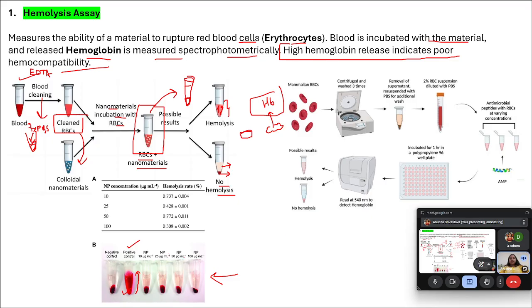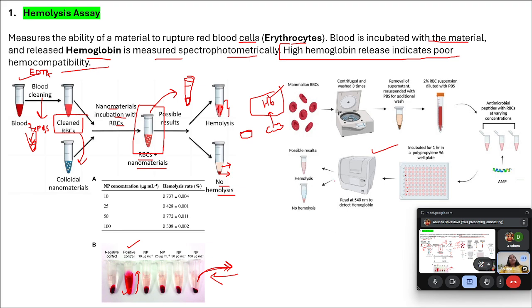After this, you put these samples in a plate reader and record the absorbance of released hemoglobin. That is why you will only take the supernatant. Without disturbing the pellet, just carefully take out the supernatant, aliquot it into a 96 well plate, and then take the reading. Record the absorbance of hemoglobin.